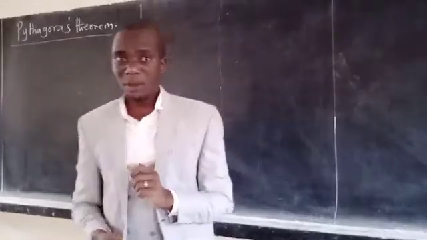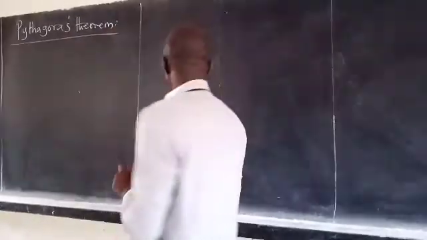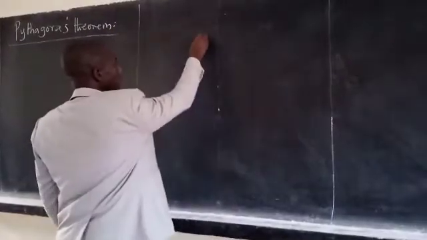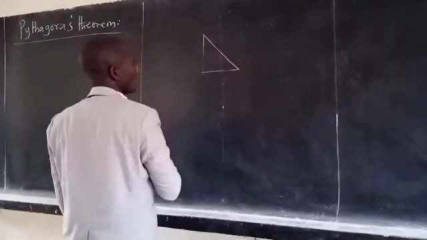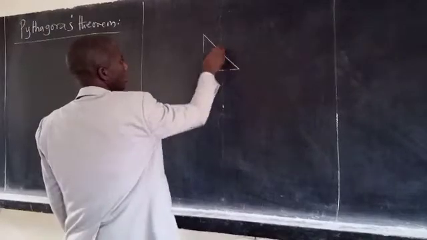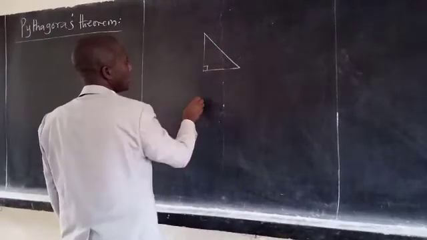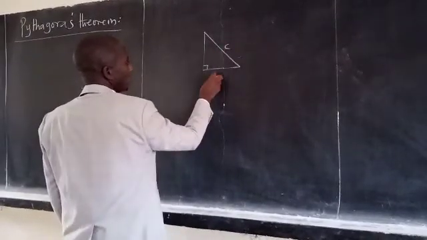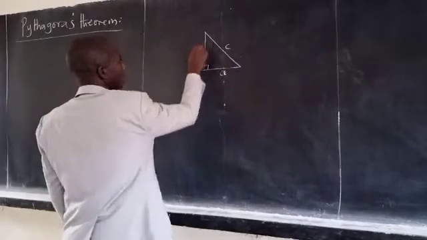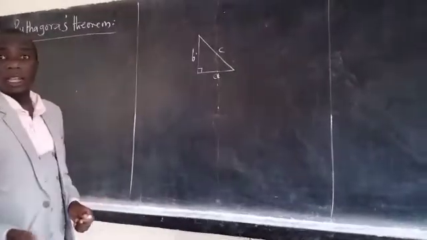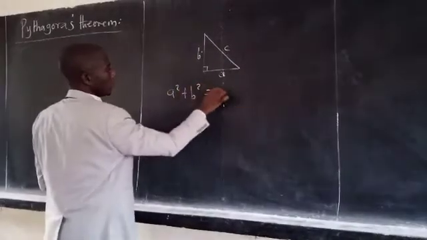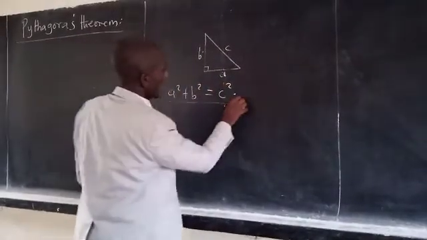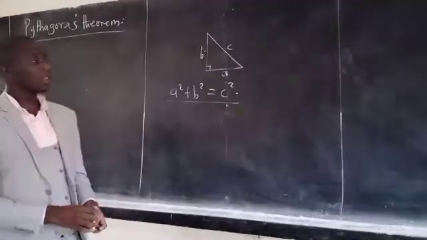Even in primary school, when you draw a right angled triangle, where this is the longest side and this is 90 degrees, and you name it C, A, B, students will tell you that A squared plus B squared is C squared, and they will tell you this is Pythagoras theorem.